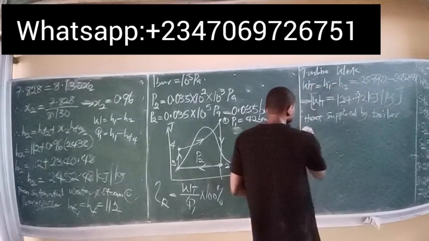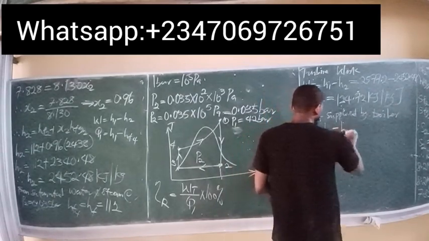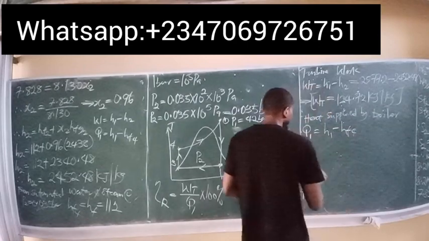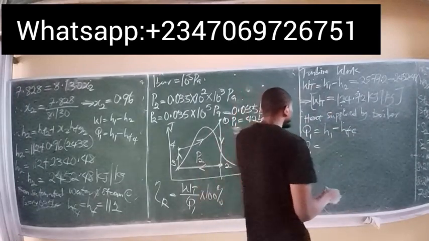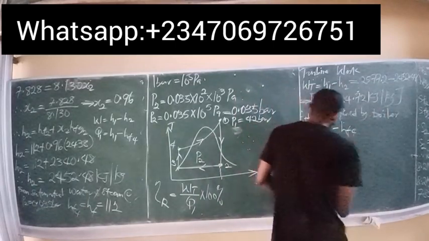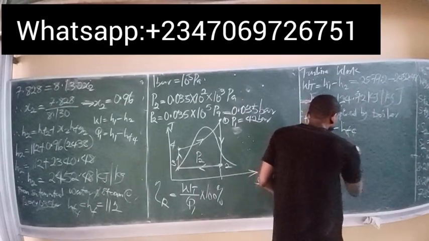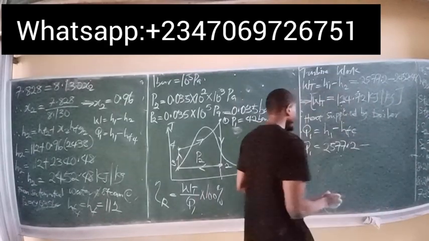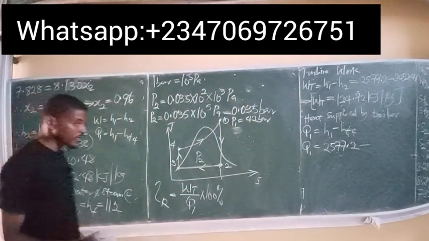Q1 is actually H1 minus HF4, and we obtain the value to be 2577.2 minus HF4, and HF4 simply gives us 112 over here.